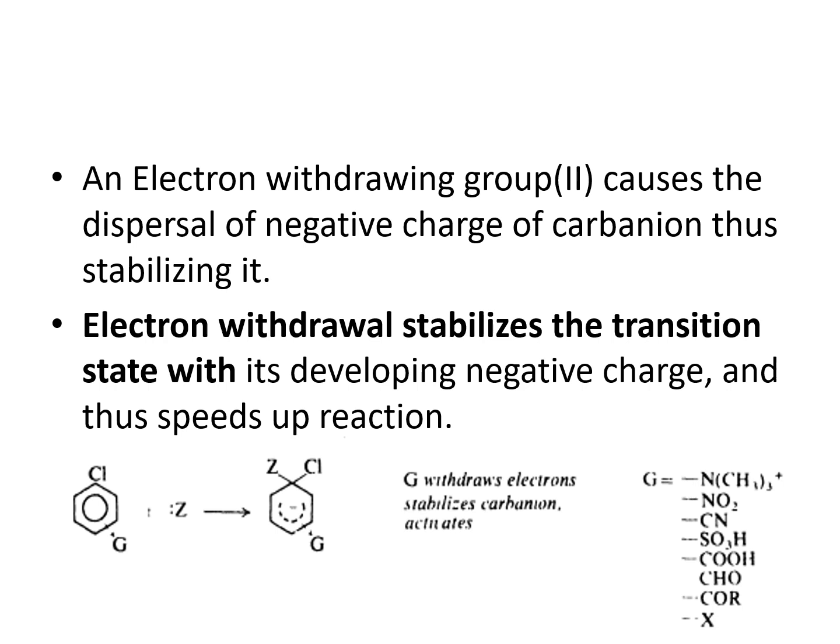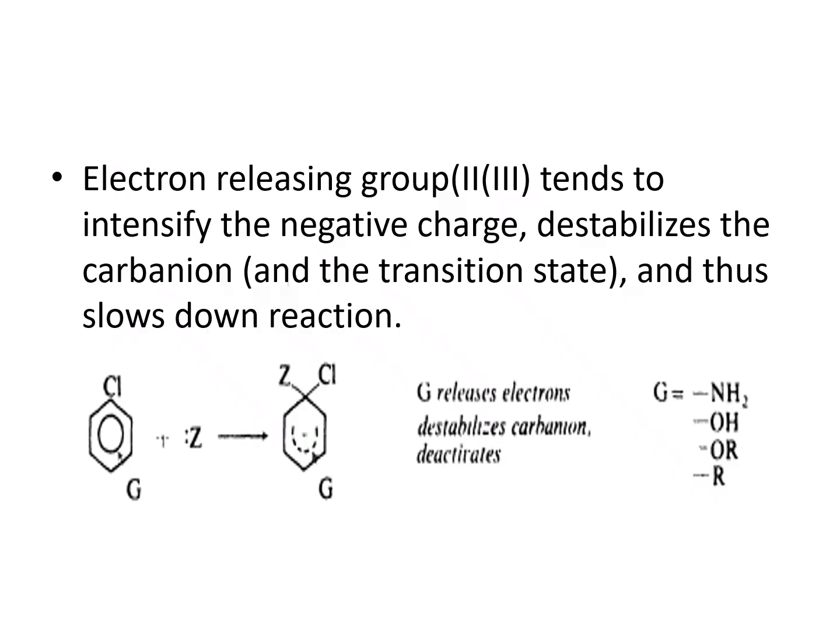The examples we have learned earlier: N(CH3)3+, NO2, CN, SO3H, COOH, CHO, COR, etc. That is halide ions, etc. Here we can see that electron releasing groups like NH2, OH, OR, R, etc. release the electrons and intensify the negative charge of the carbanion and decrease the rate of reaction of these aryl halides towards the substitution reaction.